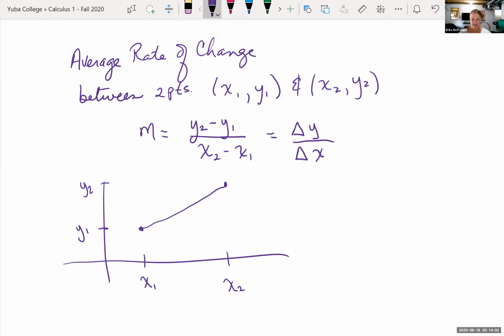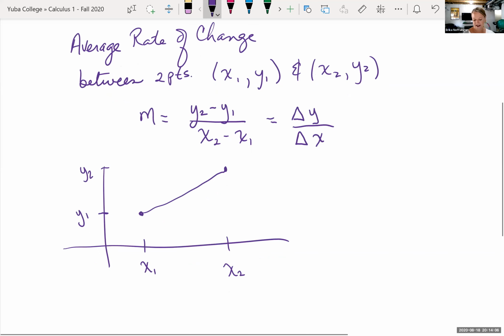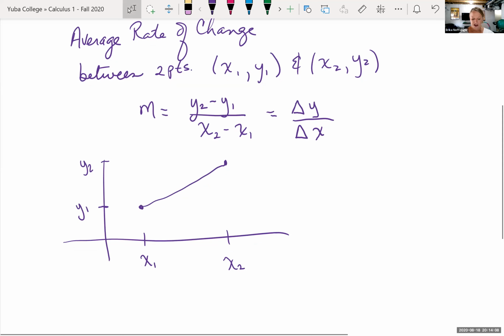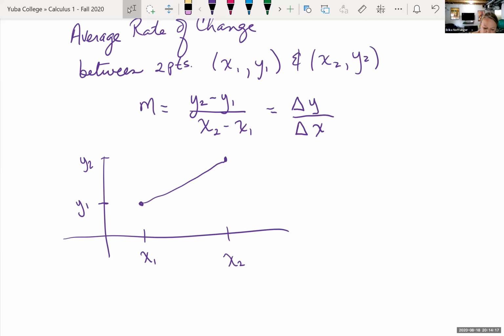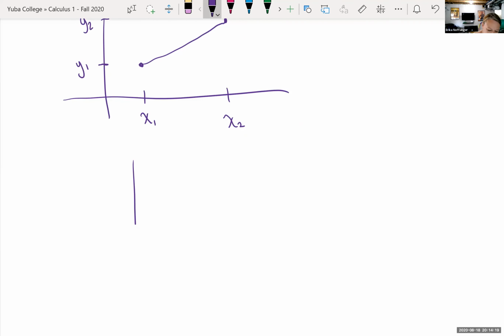So it's just giving us that slope between those 2 points, the average rate of change. That's fine if we're just looking for the slope of a line. But you might not have a function like that. You might have something that looks like this.